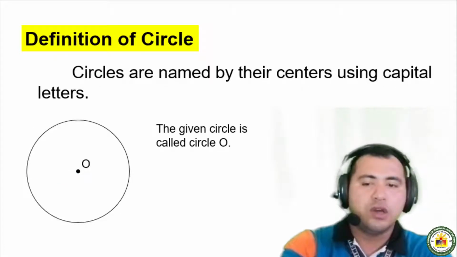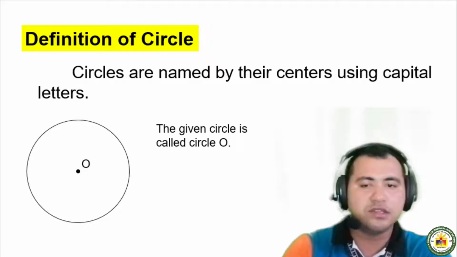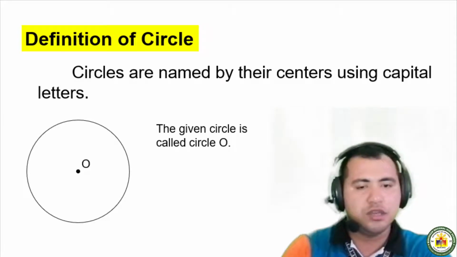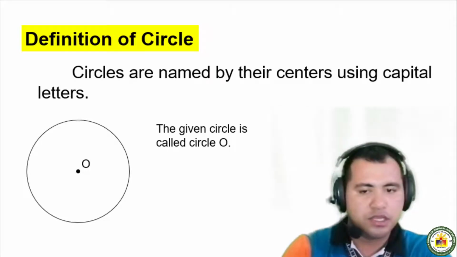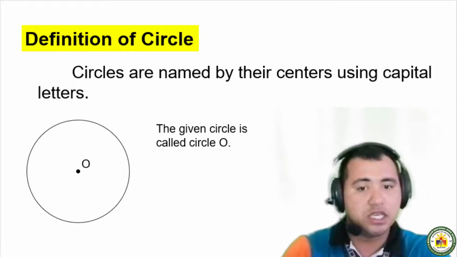Now, circles are named by their centers using capital letters. So just like any shape, just like a polygon, a circle also can be named using a capital letter, and that capital letter will represent its center.